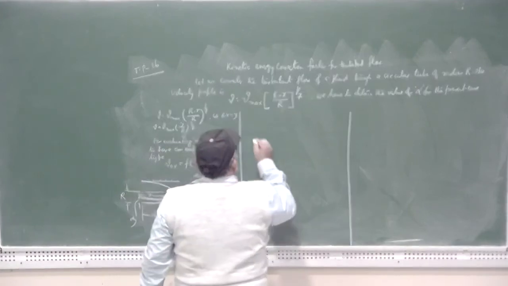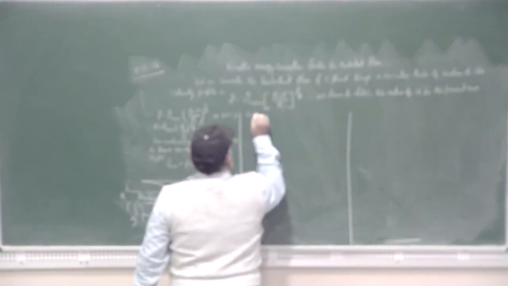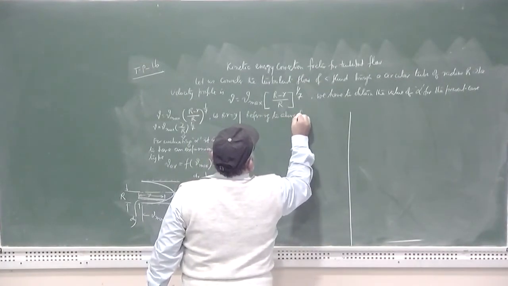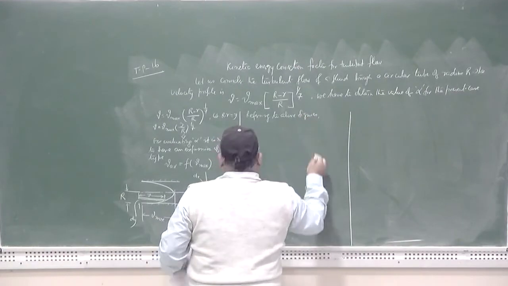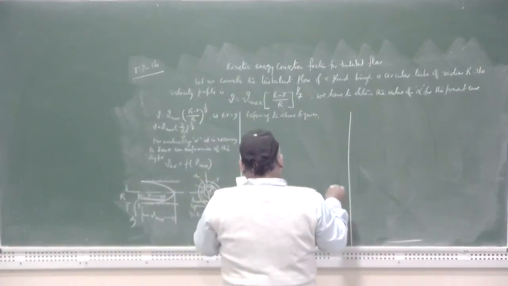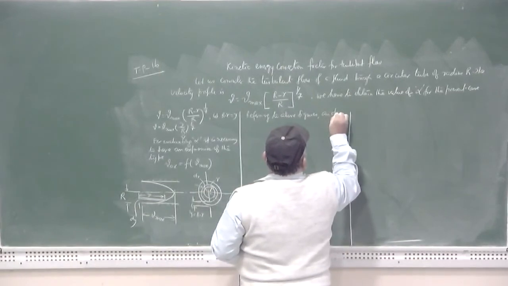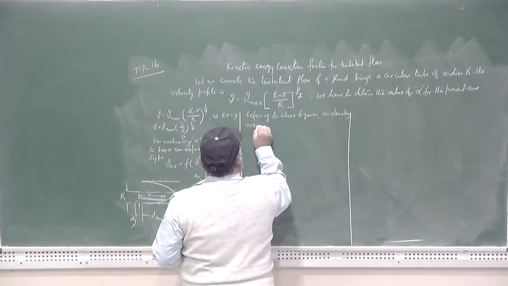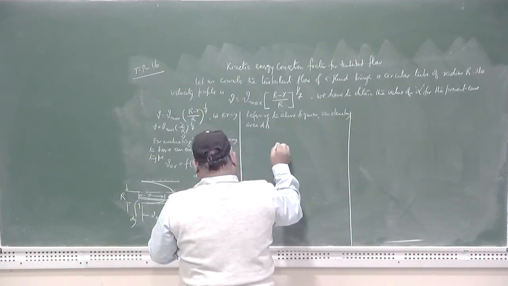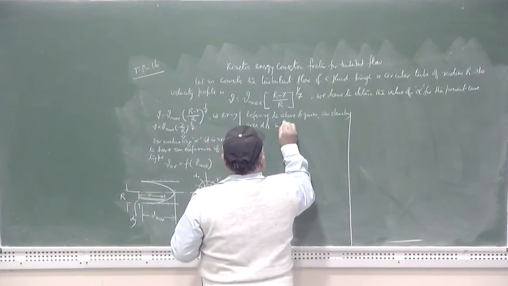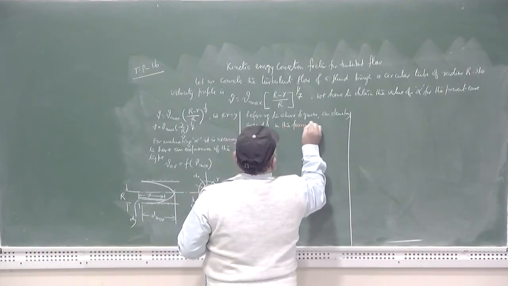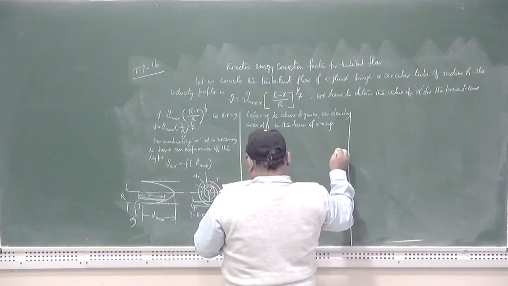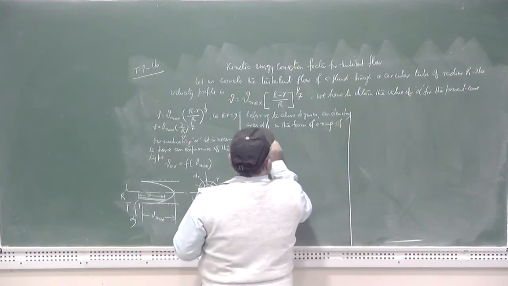So, referring to the figure above, an elementary area dA in the form of a ring of radius r.